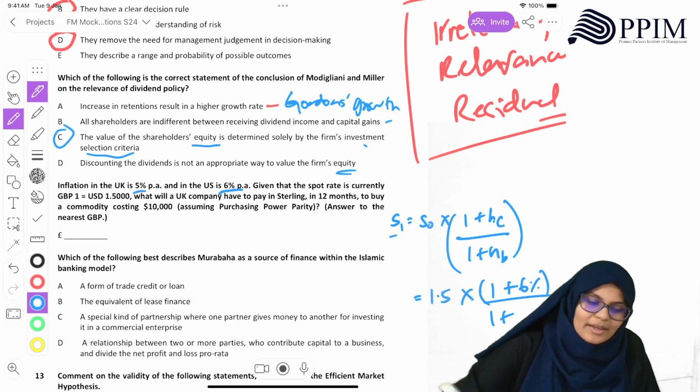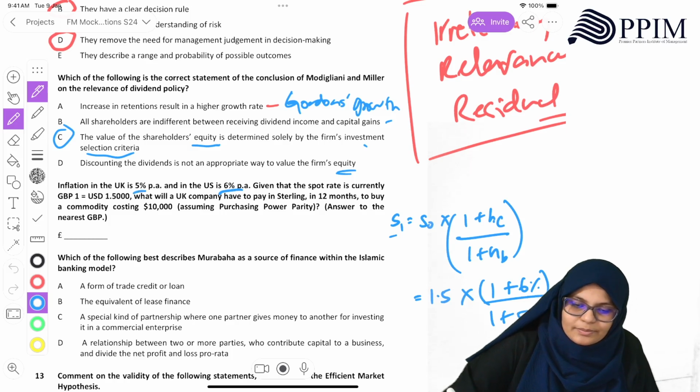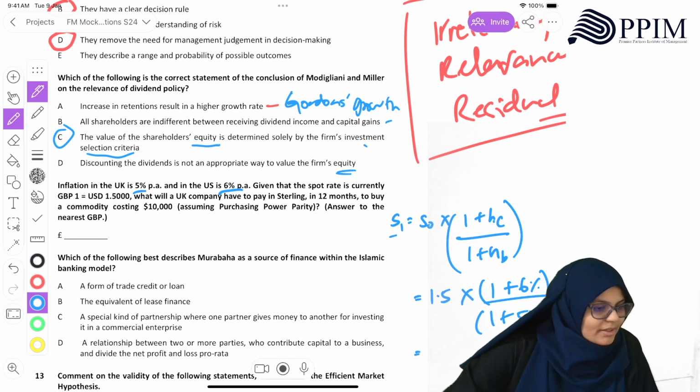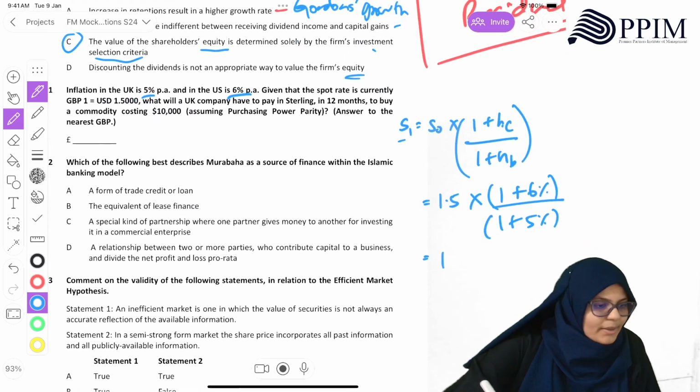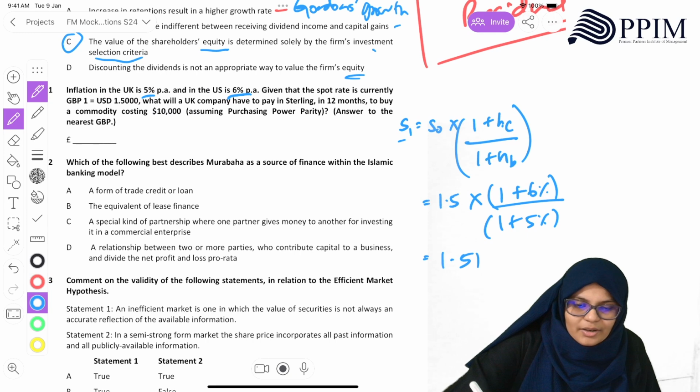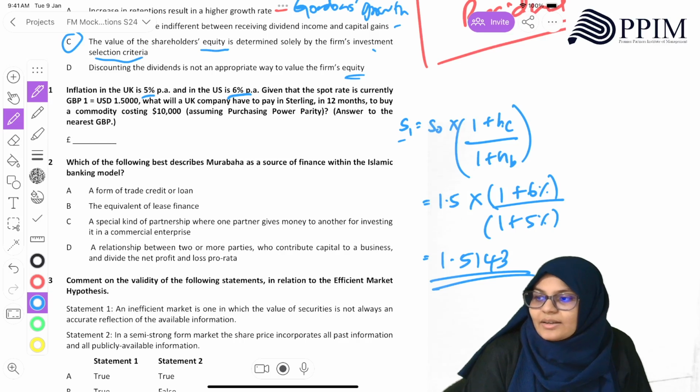In the UK, it is 5%. That will give me the future spot rate, which is 1.5143. So that will be the spot rate in 12 months' time.